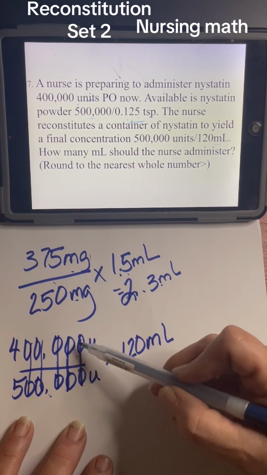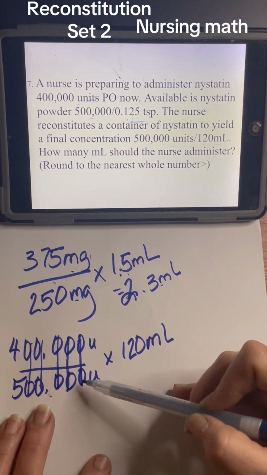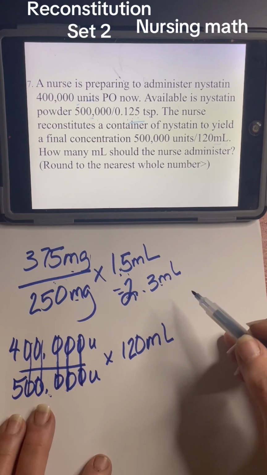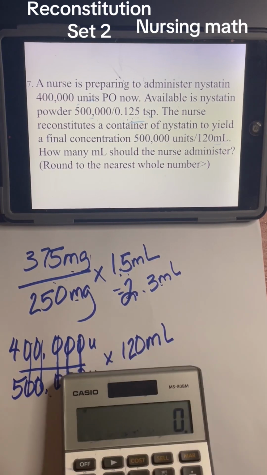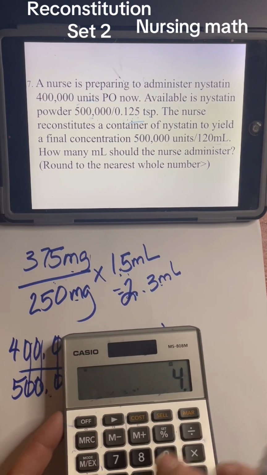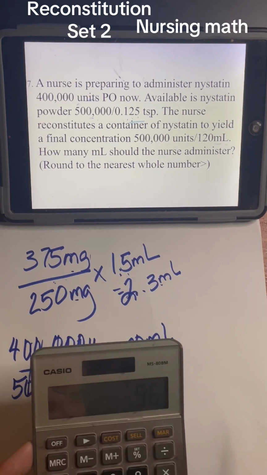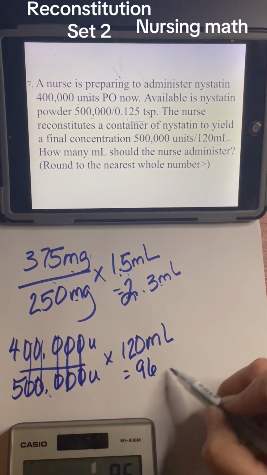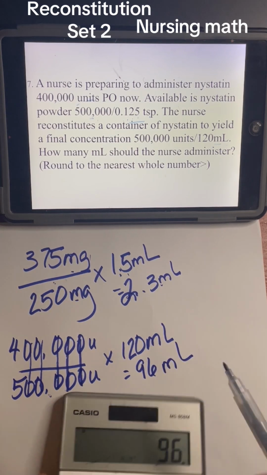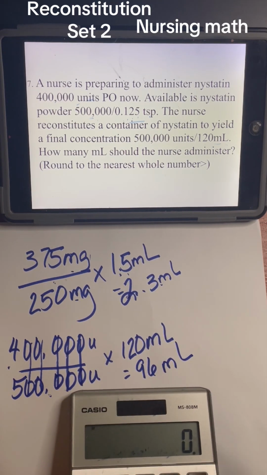As long as there's a 0 in the same place for both numbers, you can mark them out and just use 4 over 5. So 4 divided by 5 equals times 120. And you're going to have to give 96 milliliters.